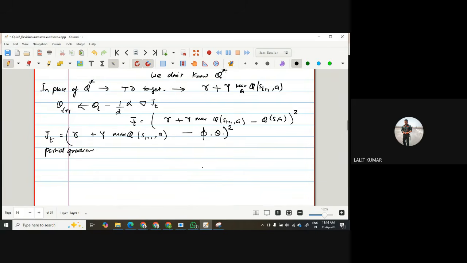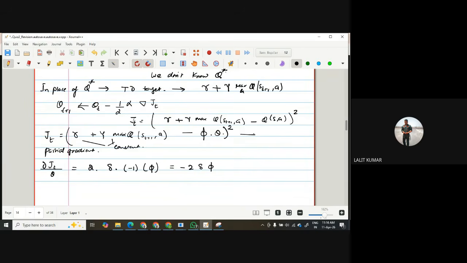We consider these two values as constant. So when we take the derivative of J_t with respect to theta, it is a square, so this will become 2 times delta, where this entire term we write as delta. And when we take the derivative of the rest with respect to theta, this will become minus 1 into phi. So this is 2 delta times minus phi.